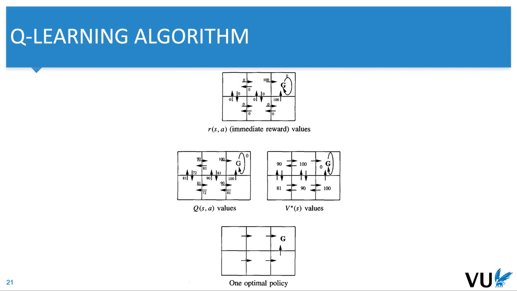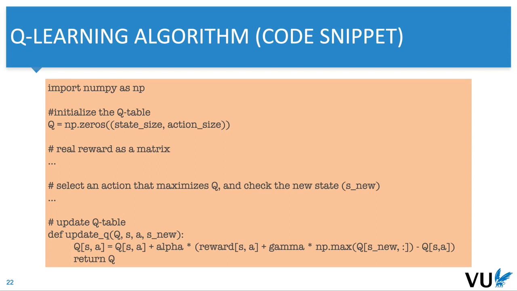And how does this Q-learning algorithm work, right? It is very simple. So here is a code snippet. We initialize this Q somehow, with zeros in the beginning. Then we define the real reward as a matrix, right? We'll read from it. Then, of course, we select an action that maximizes Q and check the new state.